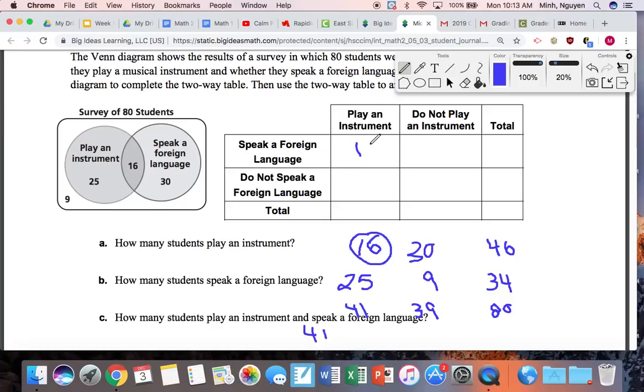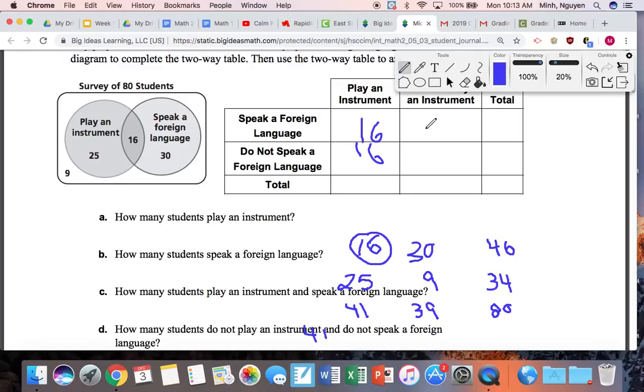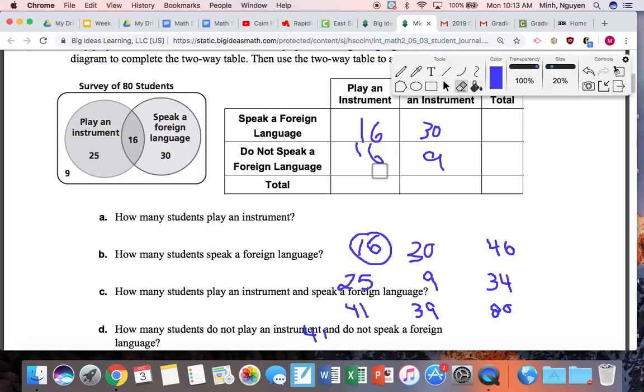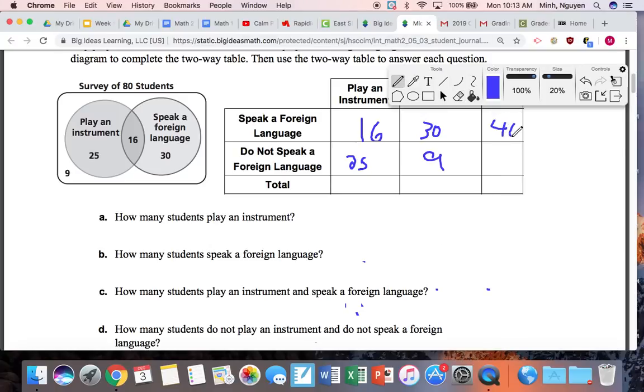So I'll just copy this real quick. Actually, I should scroll down a little bit. 16, 30, 9, and 25. To erase all that. How many students speak a foreign language? So it was the foreign language category, which is 46.